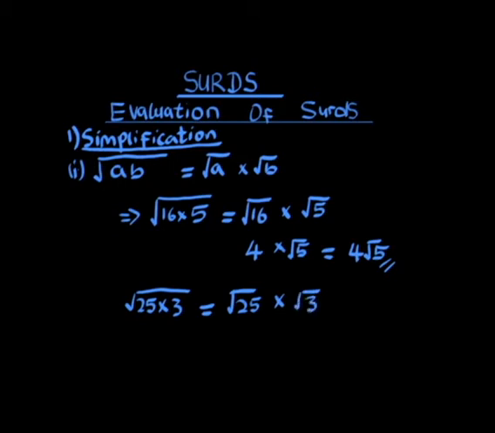Notice now that the root of 25 would give us 5, and the root of 3 would be an irrational number, and in this form we leave it just the way it is, and our final answer would be 5 root 3.